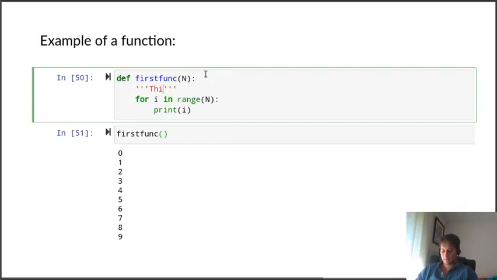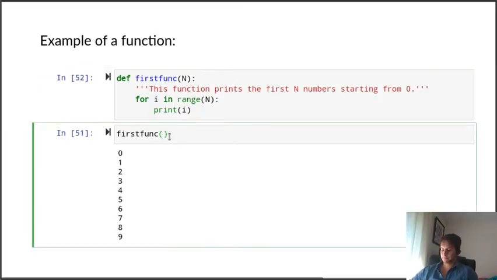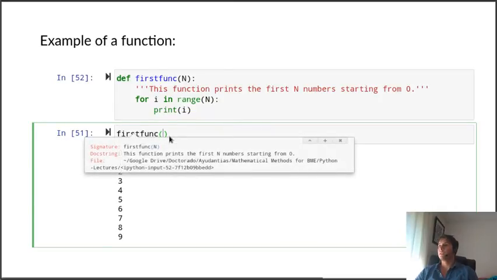So this function prints the first n numbers starting from 0. Now, if I have my function and I press Shift Tab, you can see that it will tell me the docstring: this function prints the first n numbers starting from 0. So I can know what it does.